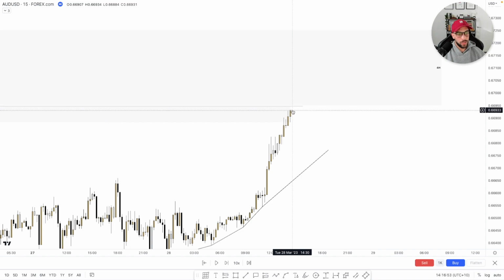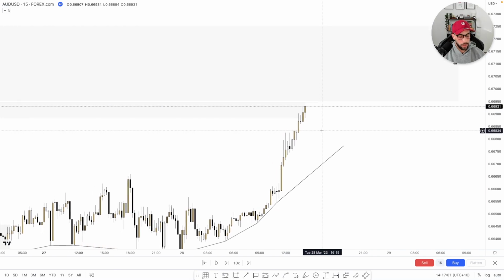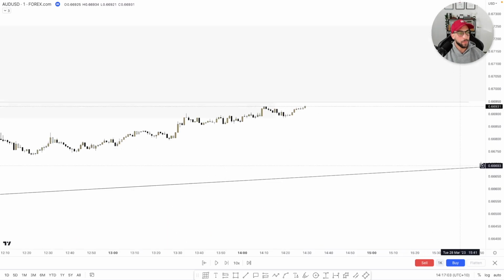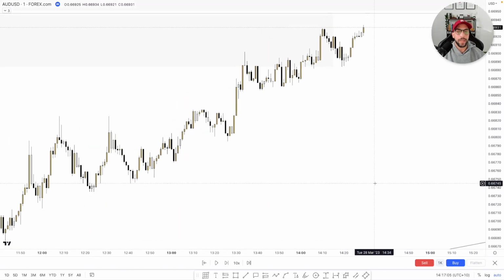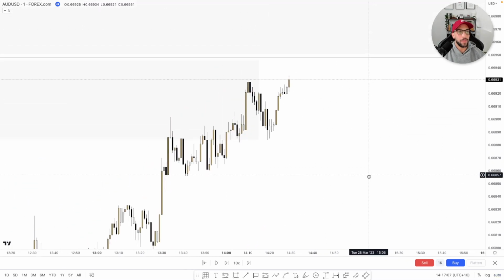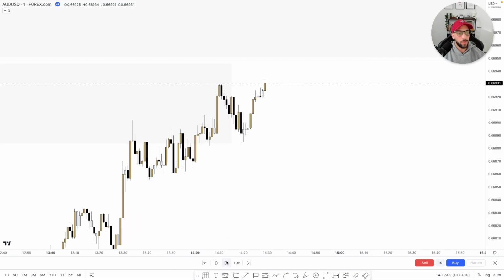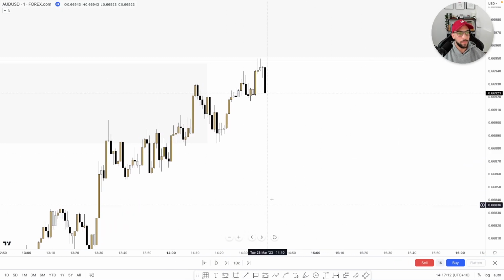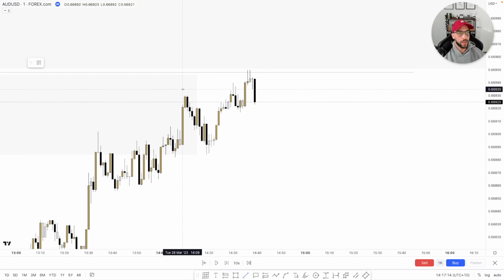So the trade that I took was off the next 15-minute candle. So at this point here, this is 2:15, which is in the middle of the Asian session. And then I will go down to the 1 minute. So price has now mitigated our 15-minute supply. And then we did have one of the liquidation models that we like to see, which I'm not going to get into in this video here.